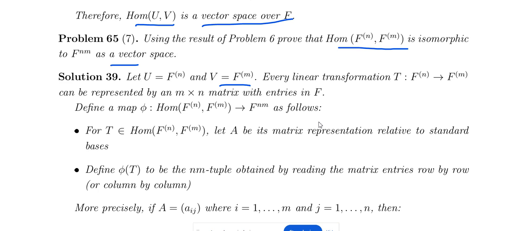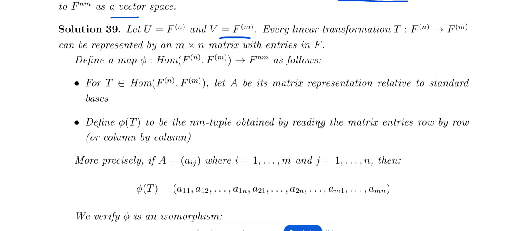So define the map pi from Hom(F^n, F^m) to F^nm. Take T belonging to Hom(F^n, F^m), let A be its matrix representation relative to the standard basis, and define pi of T to be the nm-tuple obtained by reading the matrix entries row by row.